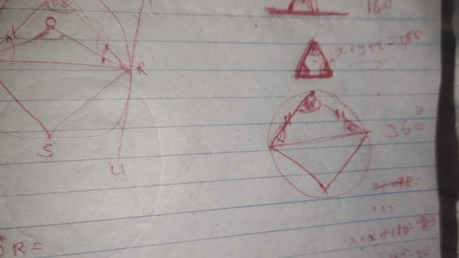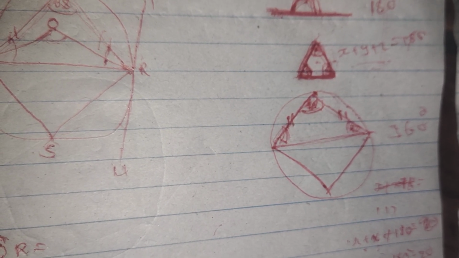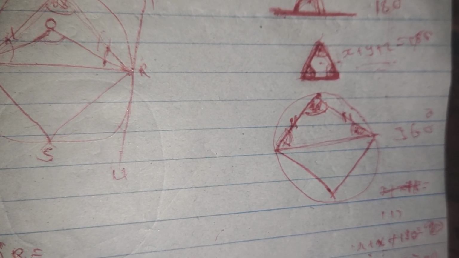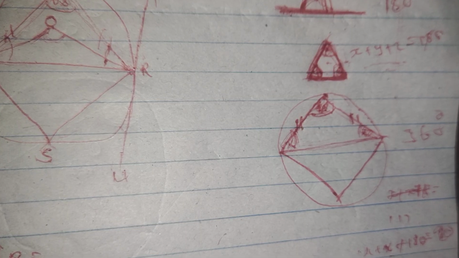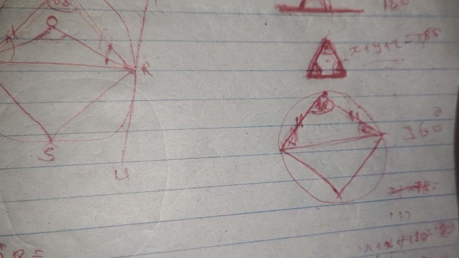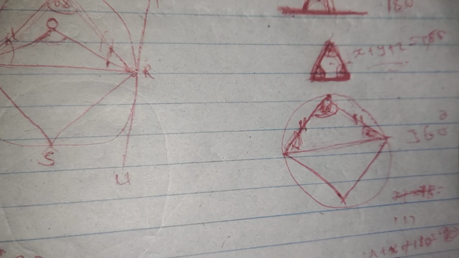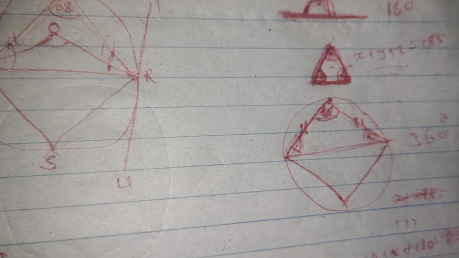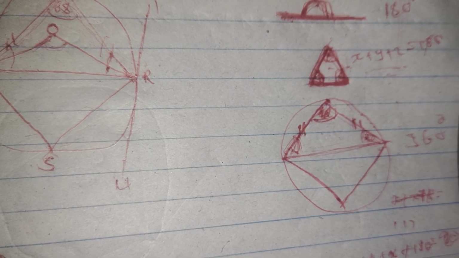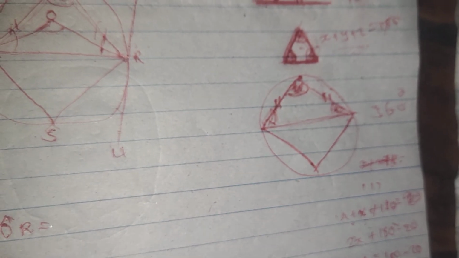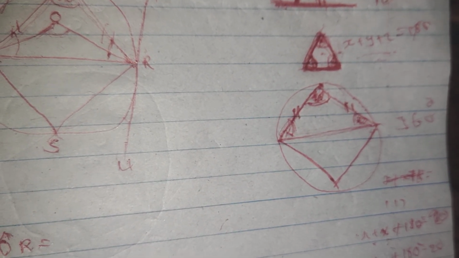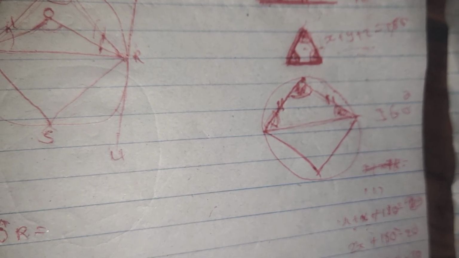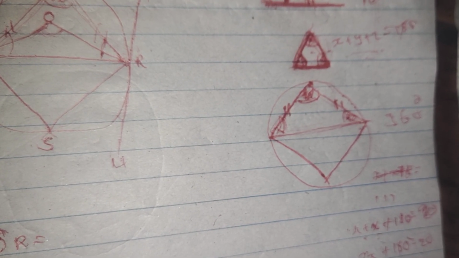So 2x is 160. Then 160 divided by 2 gives 80.